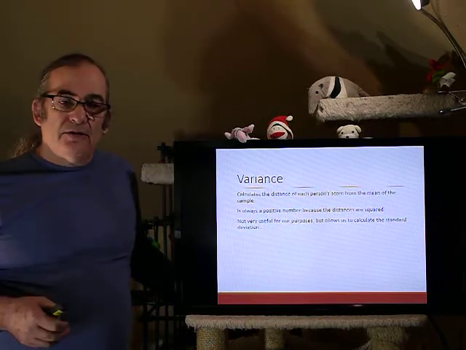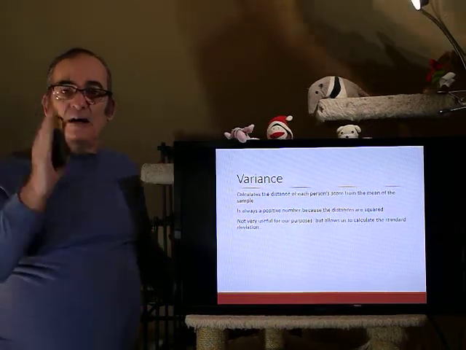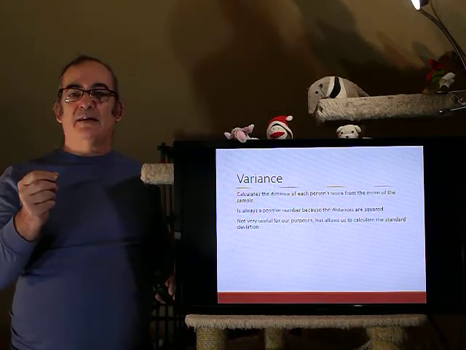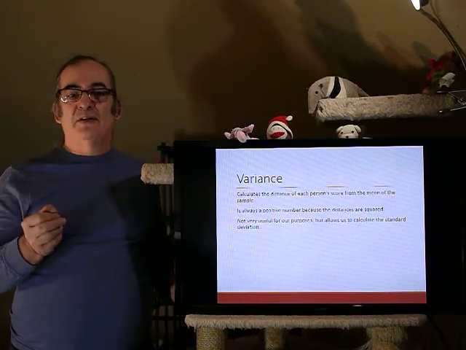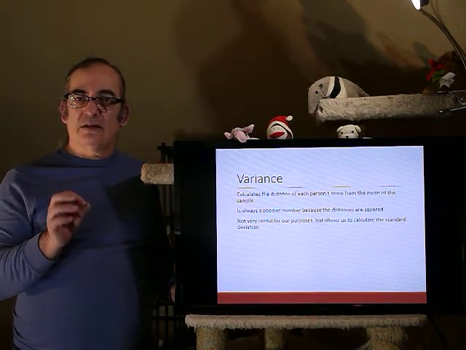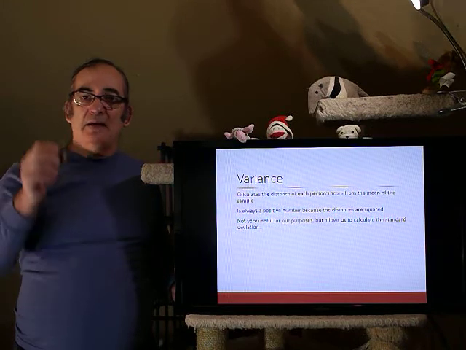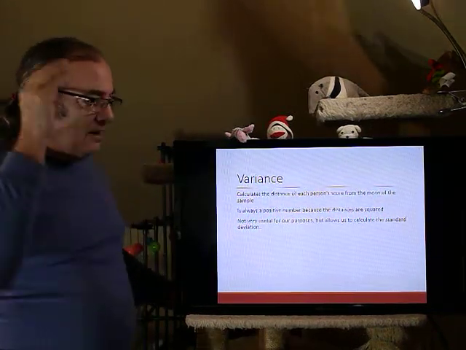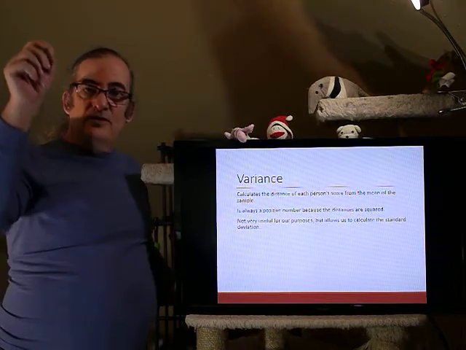So the first thing we need to do to calculate the variance is find the mean of the sample. And then what we do, and I know it's a laborious technique, I don't know if any of you have ever done this by hand. In some of my first statistics classes, we did samples of this by hand. We took the mean of the sample, and then you go down the column.